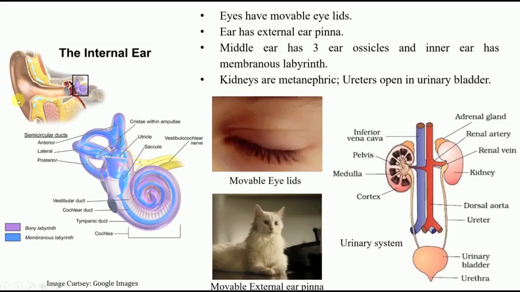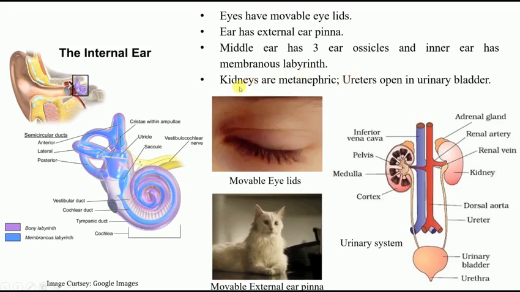Here in this diagram you can see this is the ear pinna, which is the external ear, and this is the cavity which joins the external ear with the internal ear, and this structure is known as the membranous labyrinth or the internal ear. And this is the magnified view of the internal ear, which is provided with semicircular canals, and these semicircular canals contain fluid and are one of the organs concerned with balancing. So the membranous labyrinth is also well developed among the mammals.